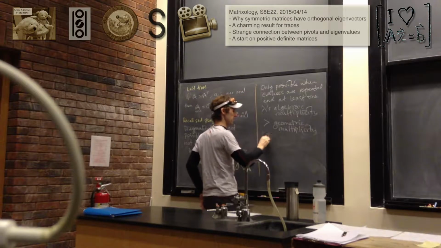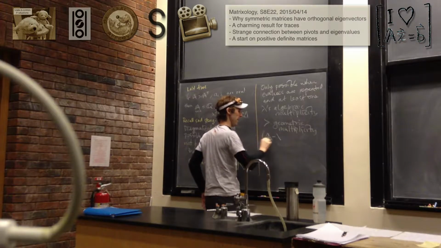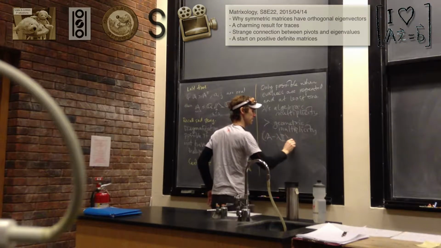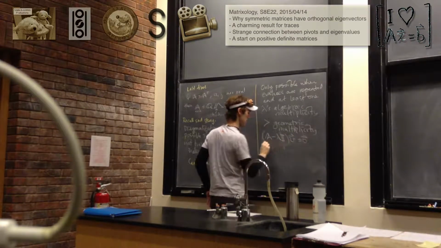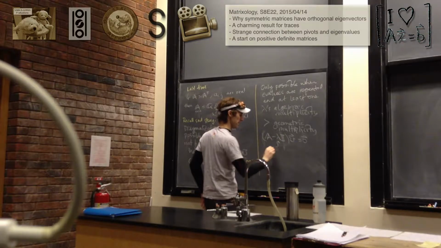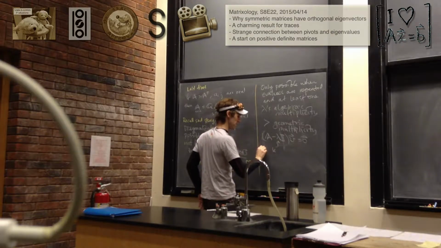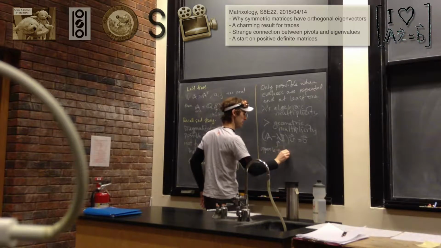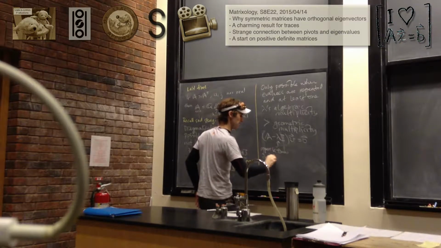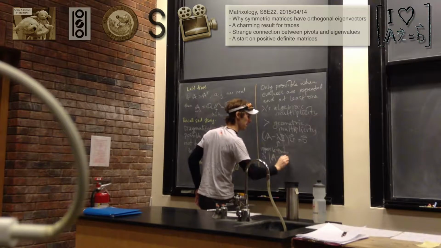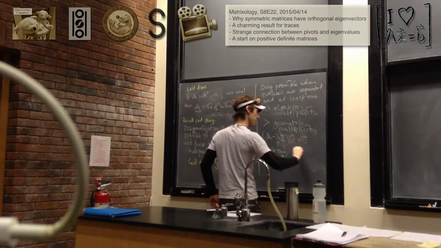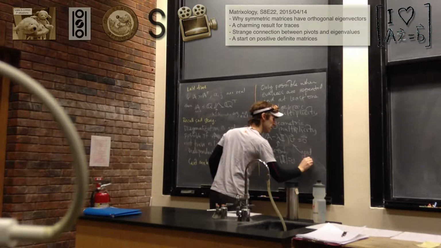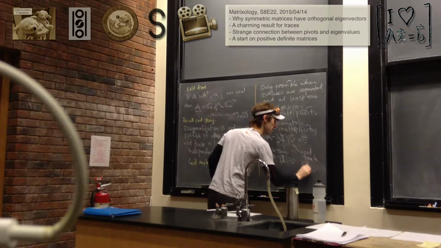So the solution to this thing, A minus lambda times the identity times V equals 0. Let's say this lambda appears k times in the determinant of A minus lambda I equals 0. Then we need a dimension k eigenspace.